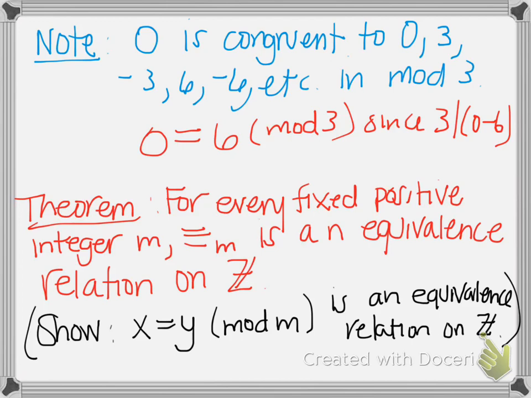To show something is an equivalence relation on some set, in this case our set Z, we need to show that the relation is reflexive, symmetric, and transitive. So we're going to prove that.